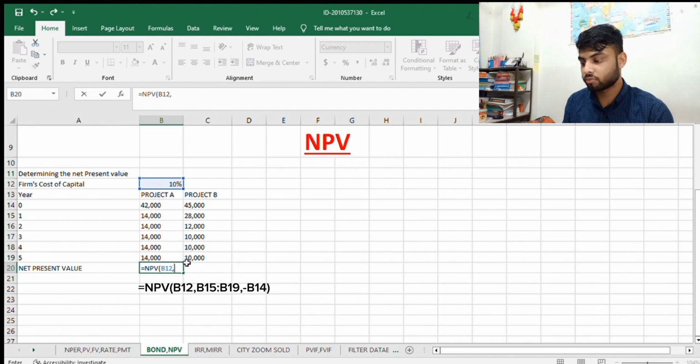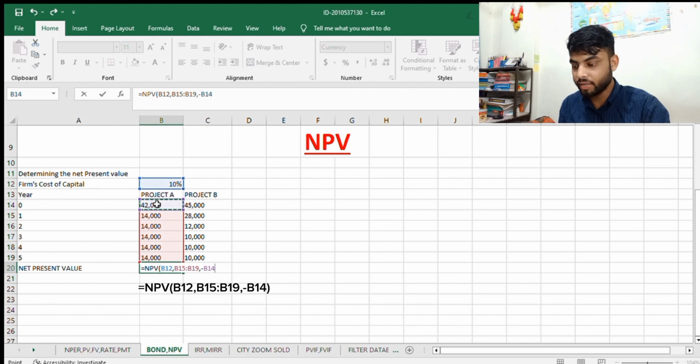If the years here were 1 to 10, then we would enter all of the years. Here it is 1 to 5, so we enter the 5 years. Then select the values 1, 2, 3, 4, 5. Drag, then comma and minus the initial value, and then close the bracket and enter.